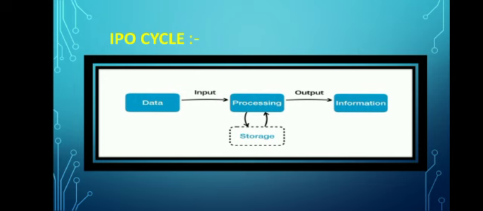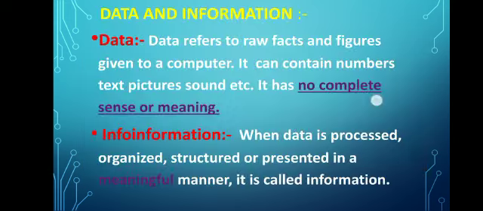After that, it processes data into information, and if you want to store data, then you can store the result for future use. And the last one is the information, meaning after processing, data becomes information. We can say after processing, data becomes information, with data as input and information as output.